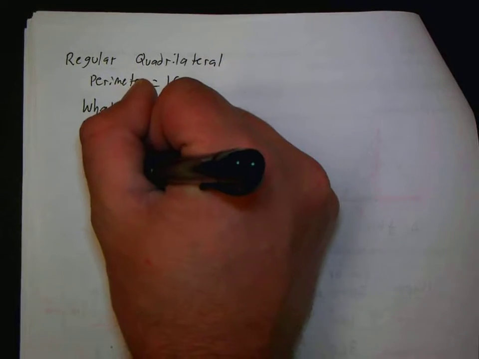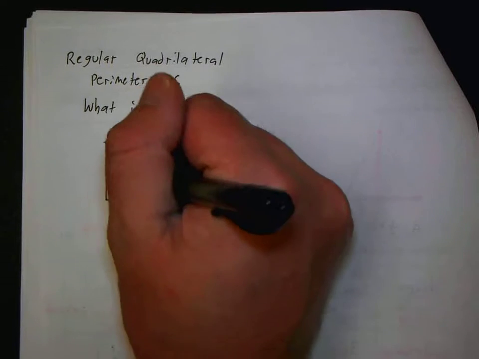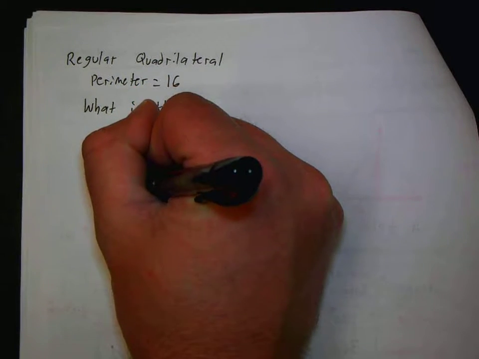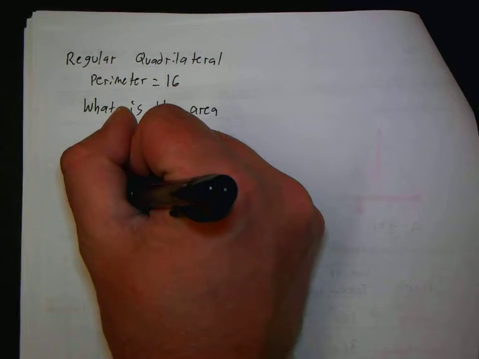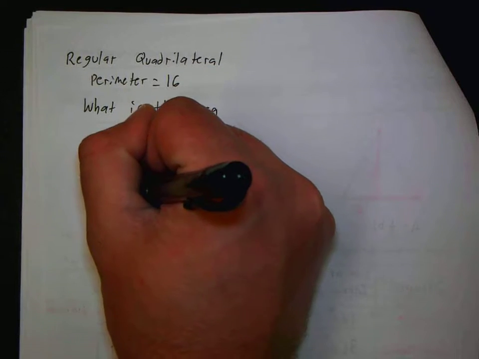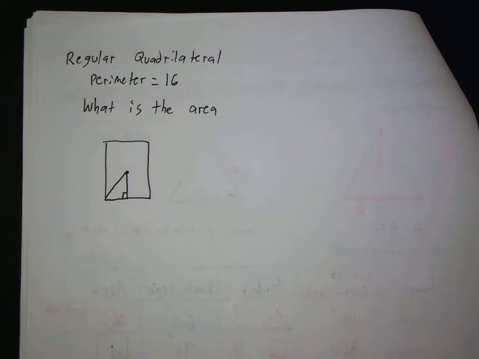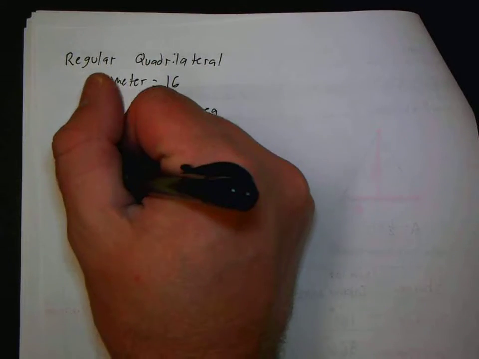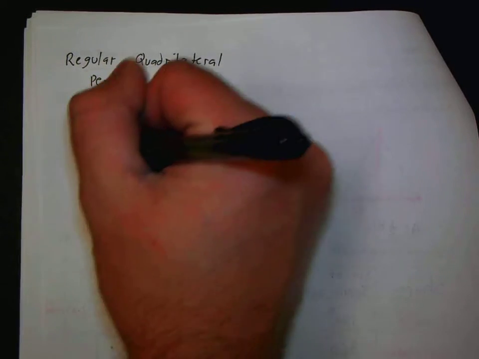Has a center. Make a triangle. Now, if the perimeter is 16, that means each side is 4.